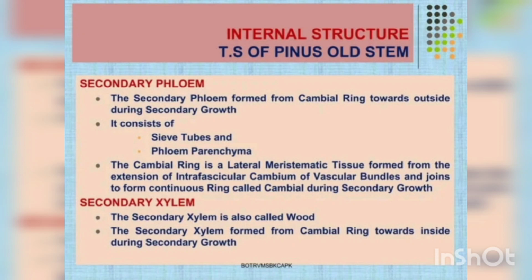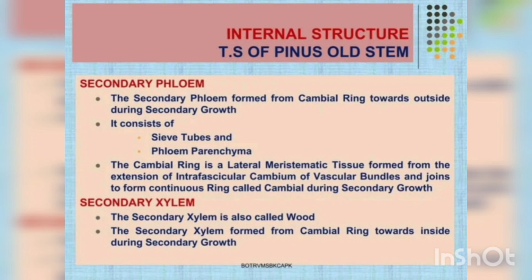Of cambium. The secondary xylem is also called the wood. It is also formed, just as the secondary phloem, due to the activity of the cambial ring. Okay, now this secondary xylem, as we have already seen, forms the pycnoxylic wood, which is a characteristic of conifers.